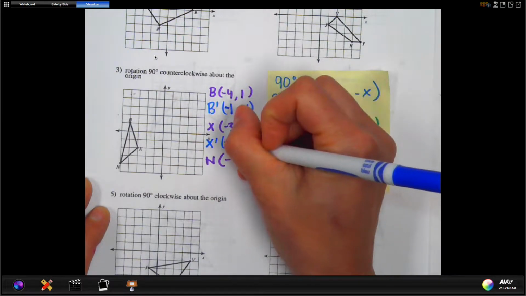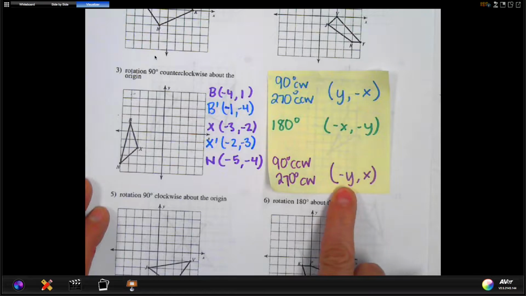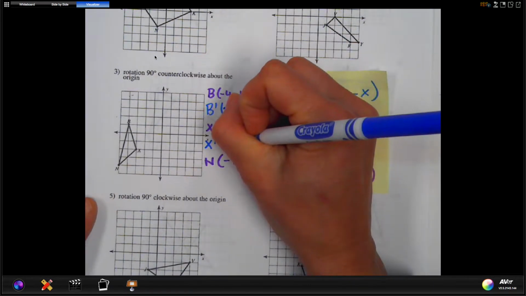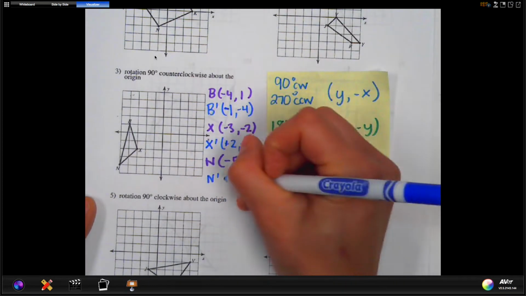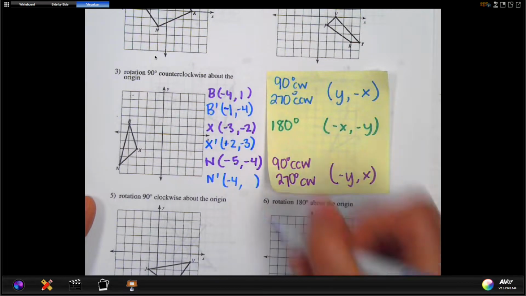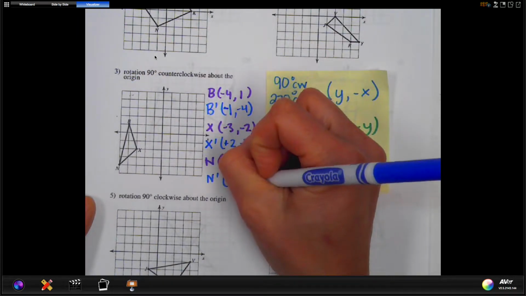So -2 comes first, -3 then comes second. Now make your Y value, which is now the first one, opposite. So that's now +2. And then finally, let's do N prime. Switch X and Y, so -4 comes first, -5 comes second, and then our Y value will become opposite, so that makes that a +4.